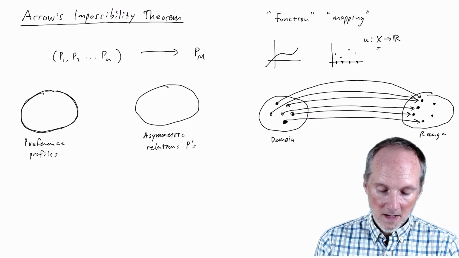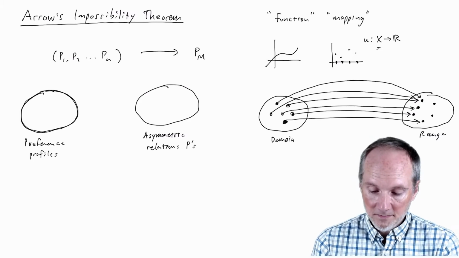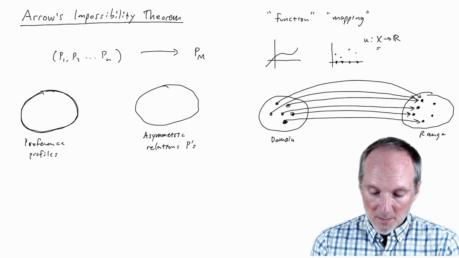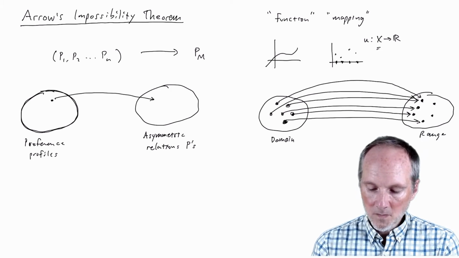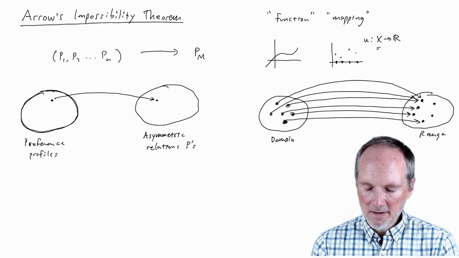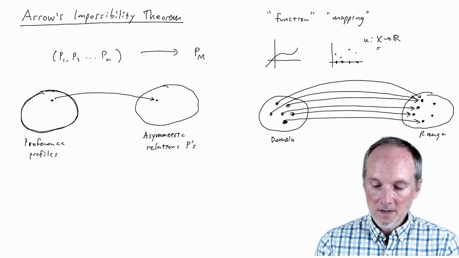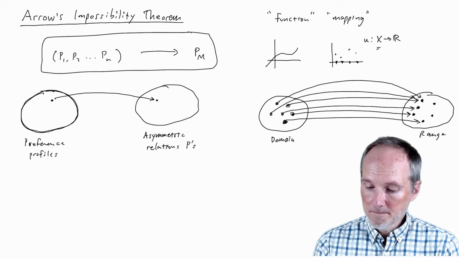And actually, there can be an infinite set of alternatives. But majority voting, then, is taking each preference profile to some social preference, okay? It's doing what our definition was doing.